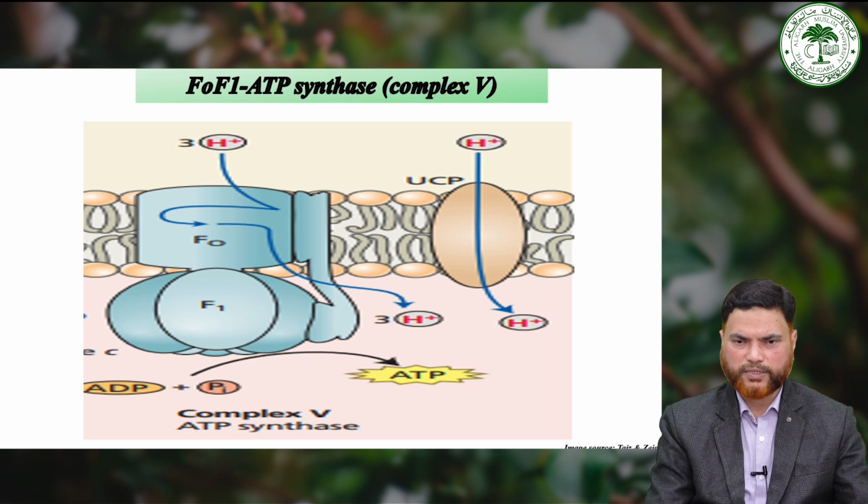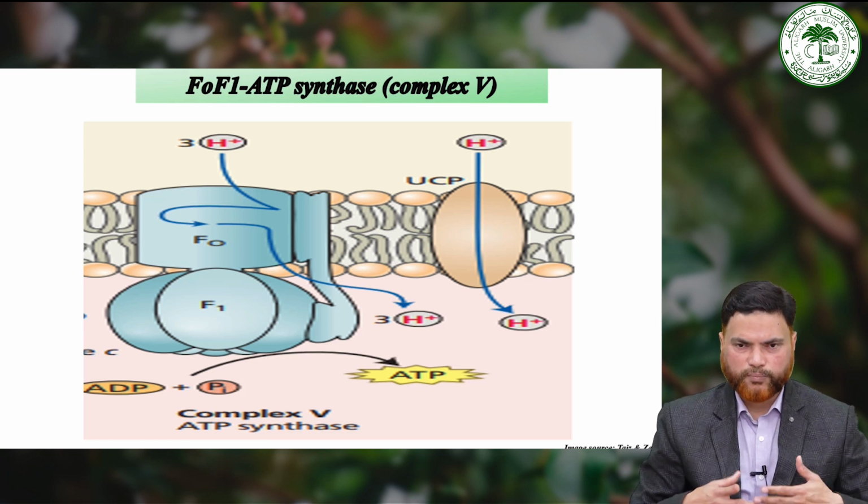For example, if there is an increase in the concentration of ADP, the synthesis of ATP by complex 5 increases to meet the increased demand for ATP. Opposite to it, a high concentration of ATP inhibits the activity of complex 5, which prevents unnecessary synthesis of ATP and thereby conserves cellular energy.